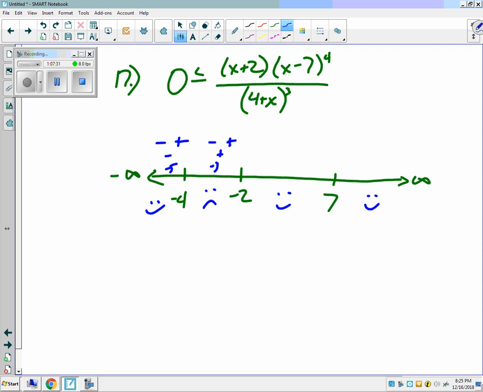I'm full of surprises. So I need an answer on this. You do not put -2 sometimes. -4, parenthesis or bracket? No, because it equals 0 on the bottom.